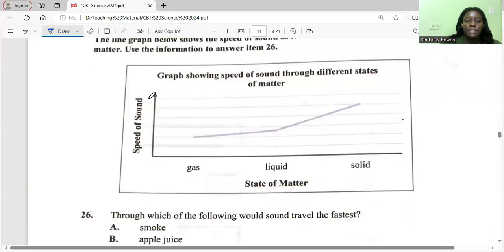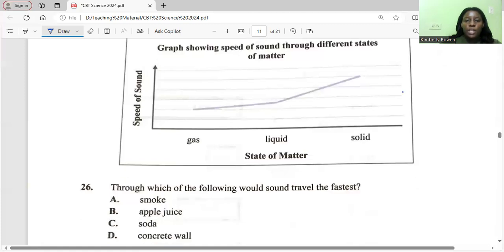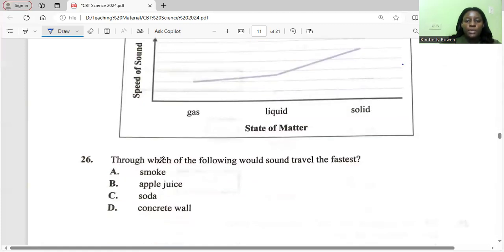So we see the speed of the sound, and we're seeing the different states of matter. Through which of the following would sound travel the fastest? If sound travels the fastest through solids, we're just looking for the solid here, which is the concrete wall.